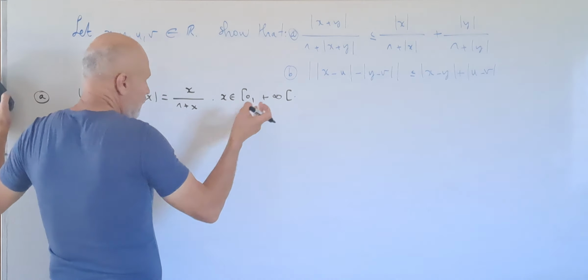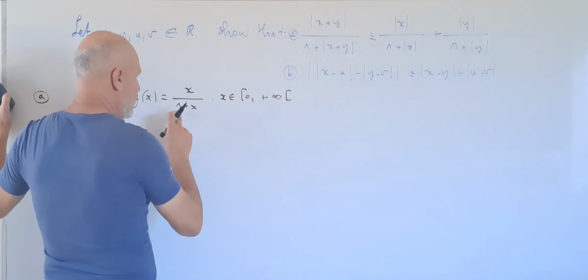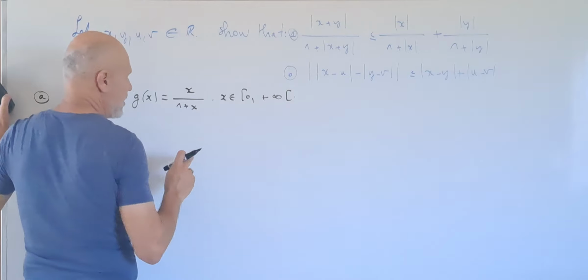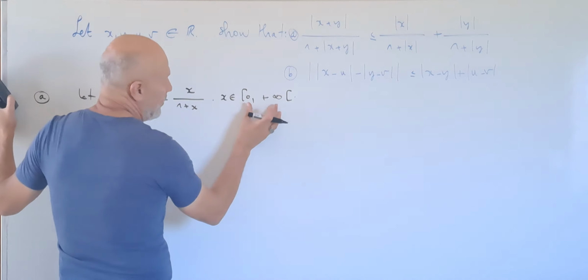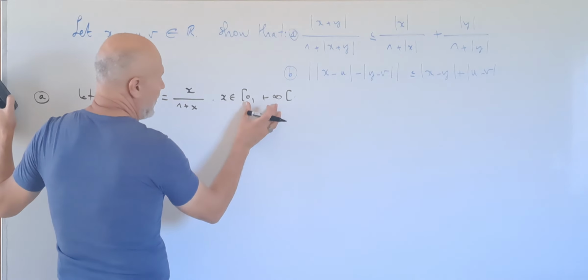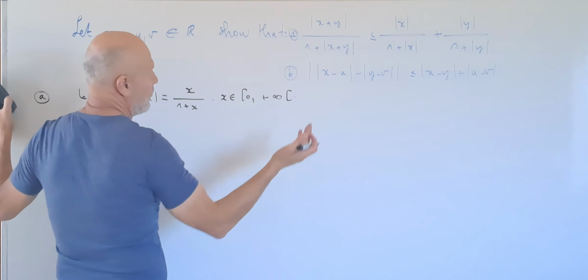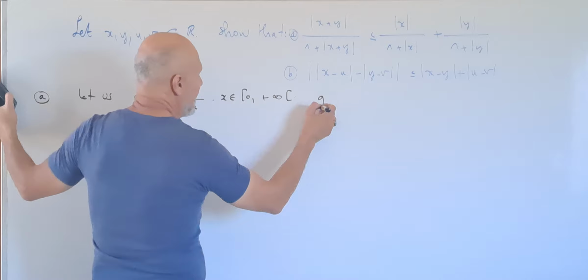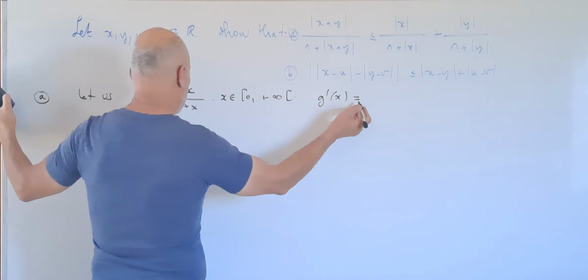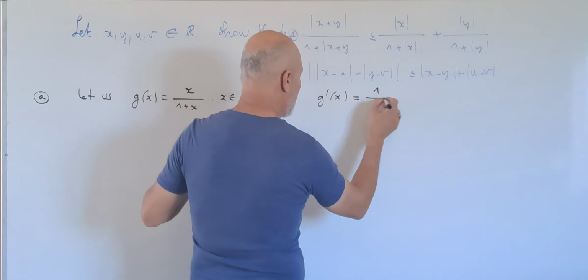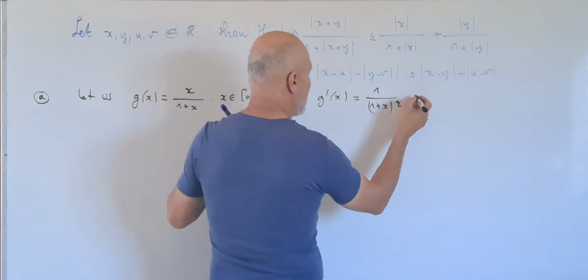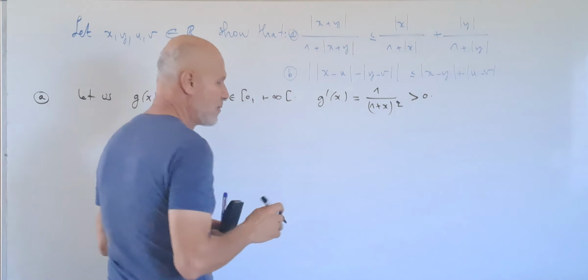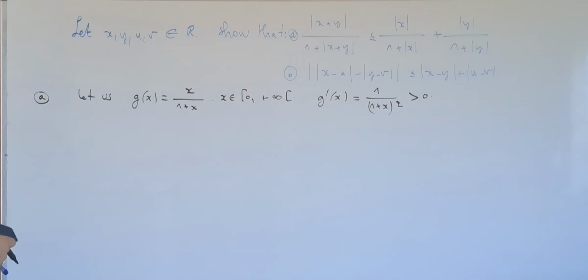We choose this domain because it fits this function well, not the natural domain of g of x, since the absolute value is greater than or equal to 0. Now, g prime of x is equal to 1 over 1 plus x squared. On this domain, this is strictly greater than 0. This means that the function g is an increasing function.